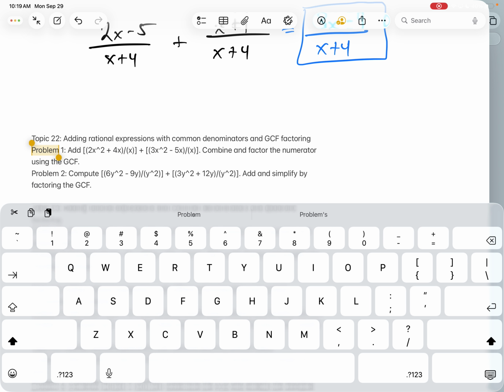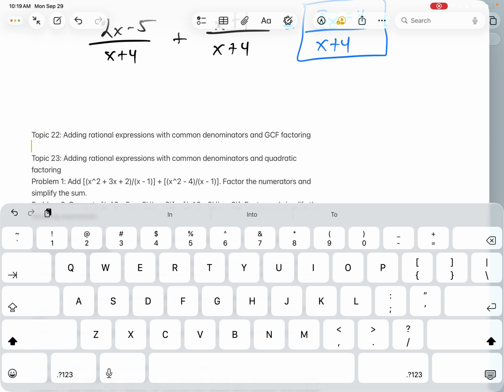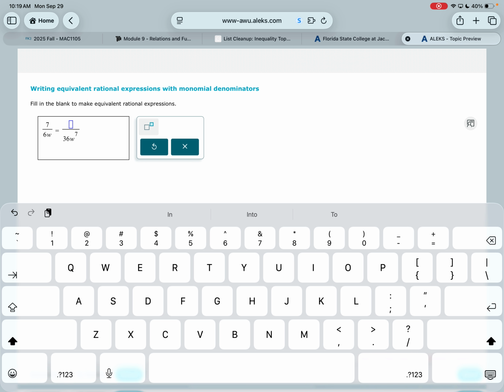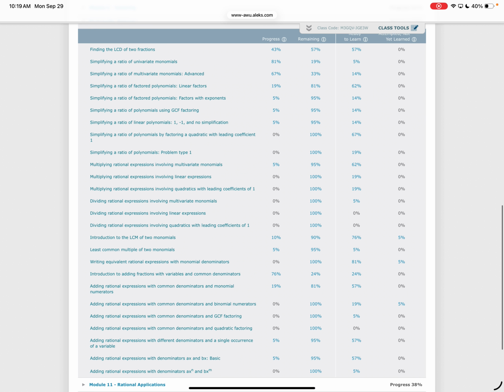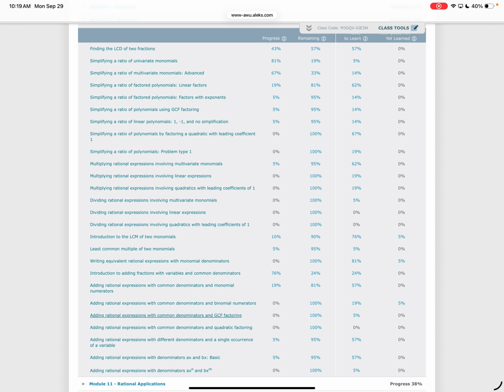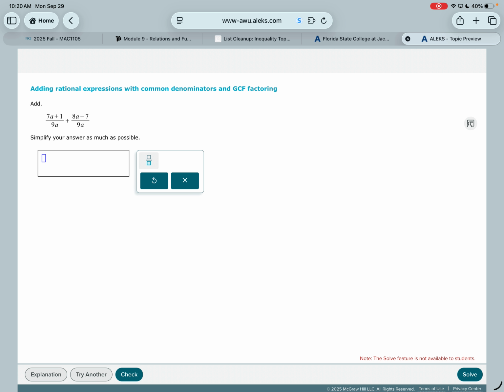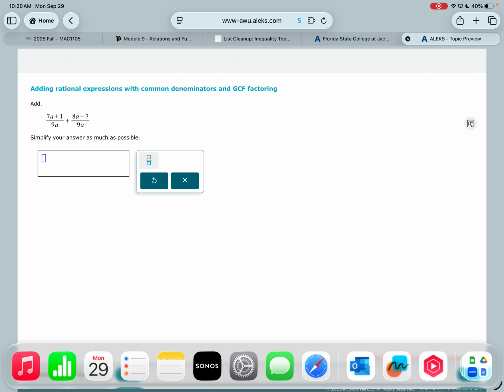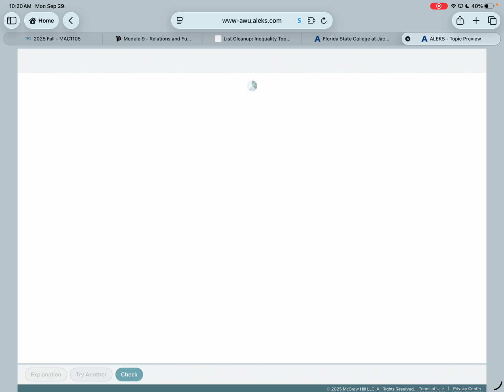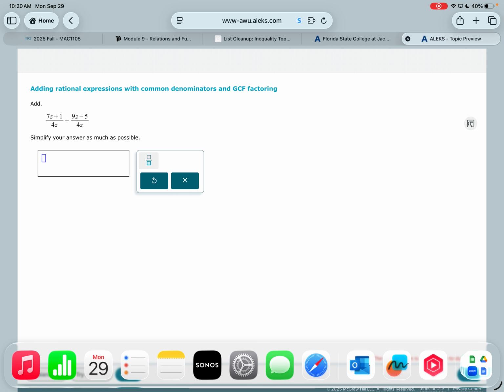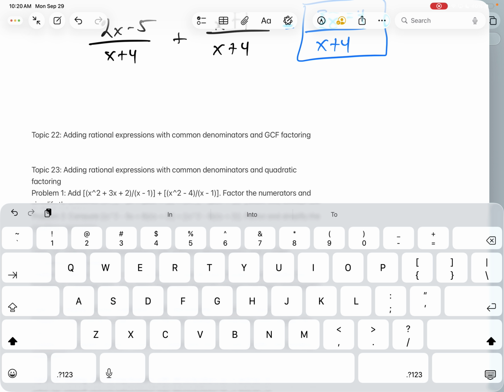That one I'm going to go find. Adding rational expressions with common denominator, GCF factoring. Okay. 7x plus 1 over 4x.